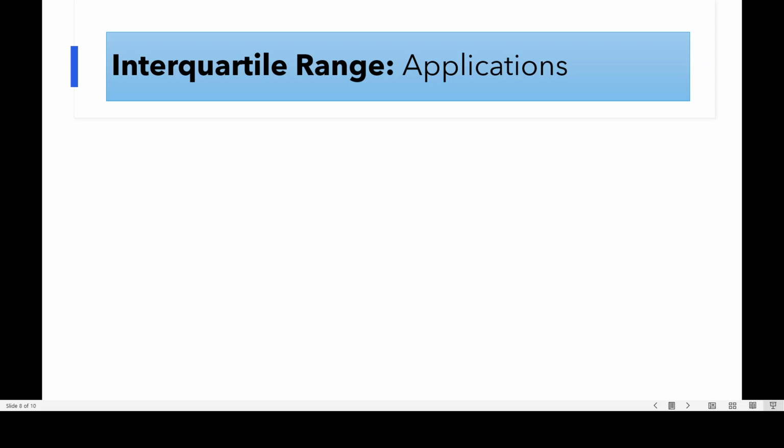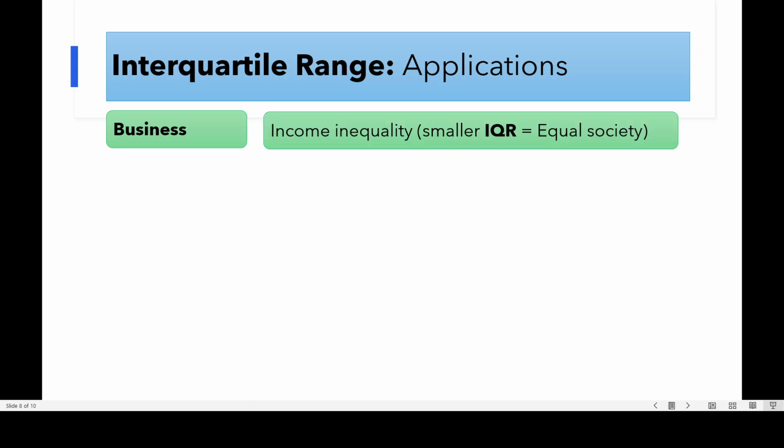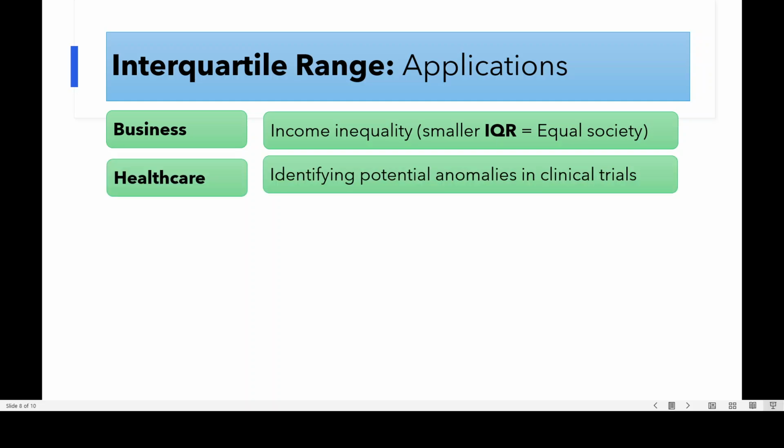Interquartile range has different applications in real life and in business. For example, we can analyze the interquartile range of income levels in a population to get insight into the income range by excluding very high or low earners. In healthcare, we can identify outliers for further investigation. Comparing groups, interquartile range helps to understand if the middle range of the values differs significantly.